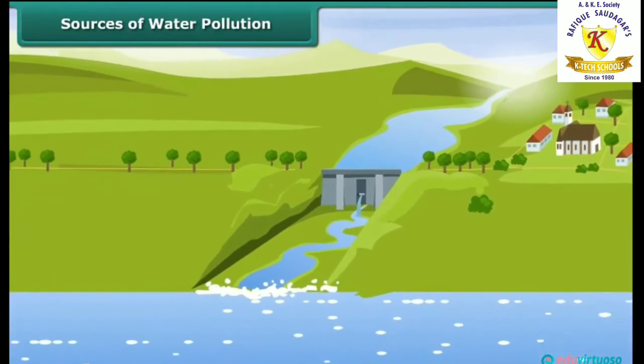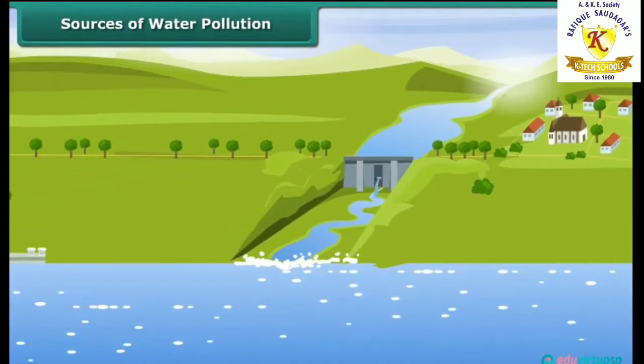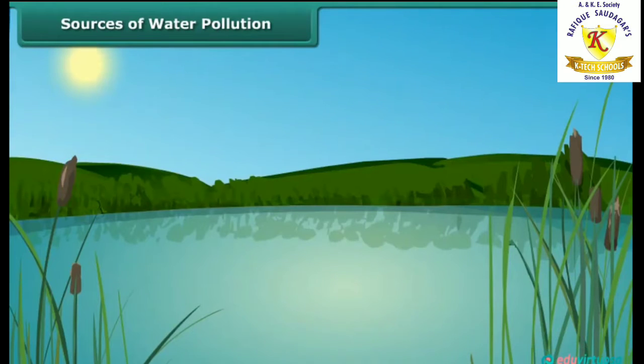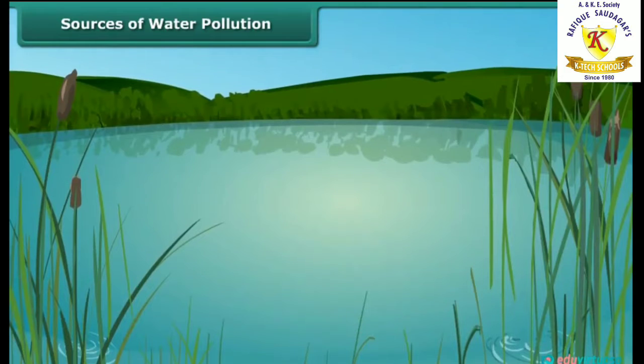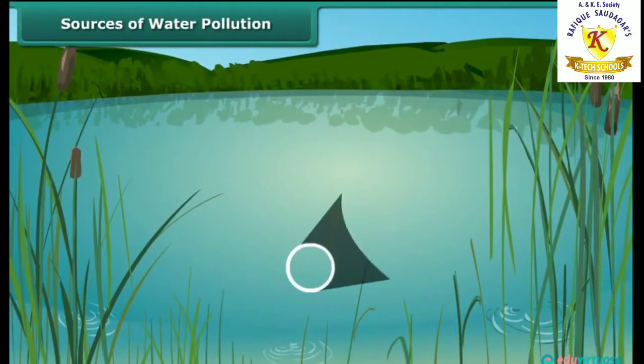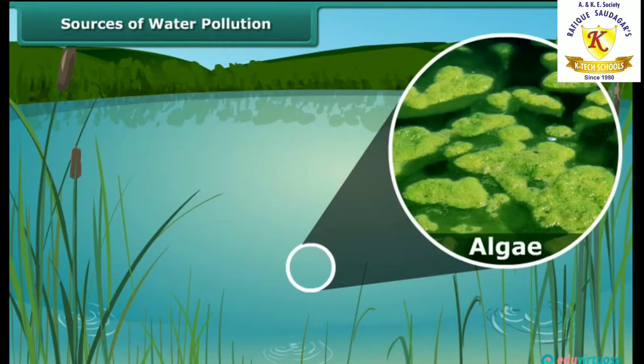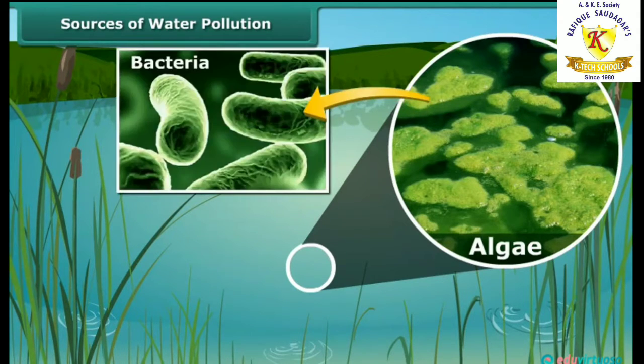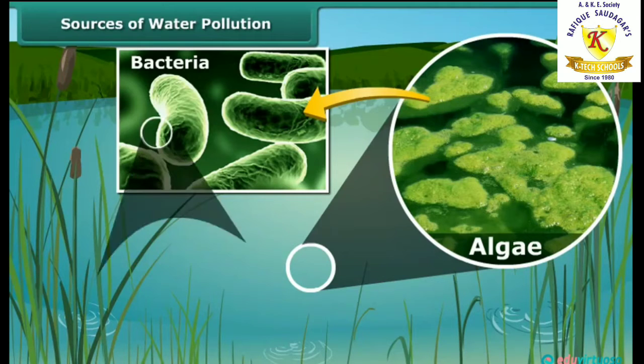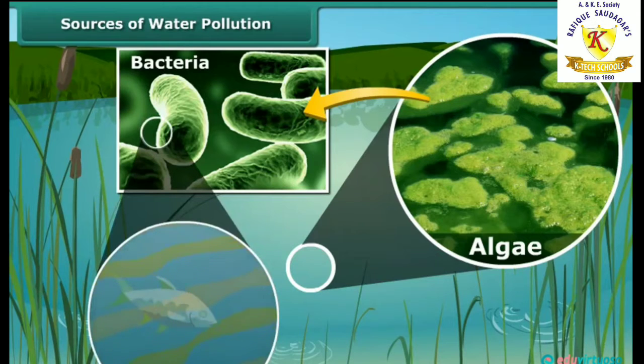These washed off fertilizers act as nutrients for algae to flourish. So children, when these algae die, they serve as food for bacteria which use most of the oxygen from water. As a result, most of the aquatic animals die due to lack of oxygen.